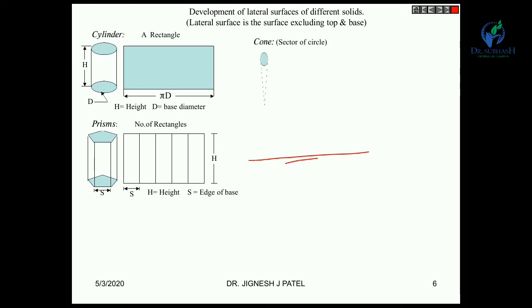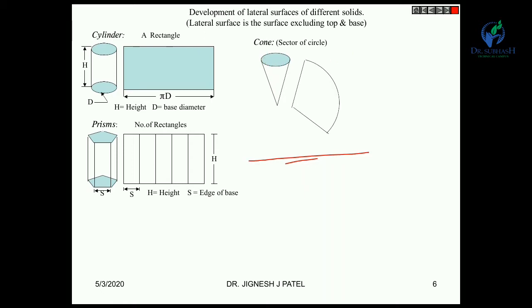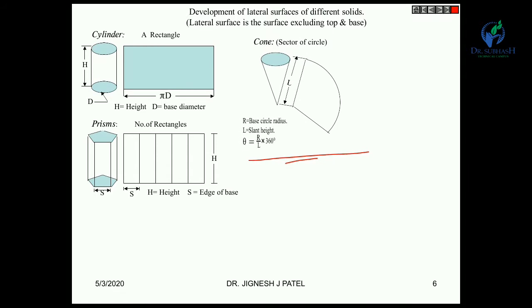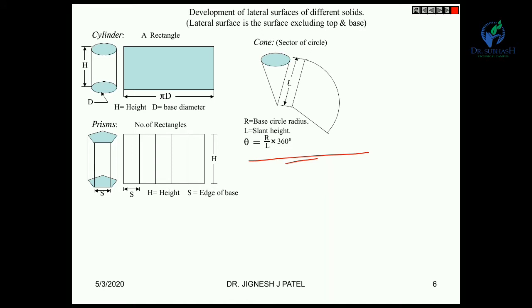Now the cone. It is the radial line development. Here you can see the development of the cone. L is the slant height of the cone and R is the base radius.